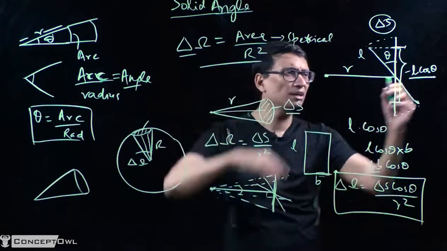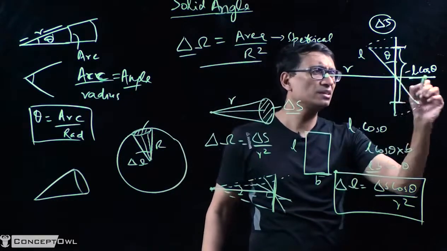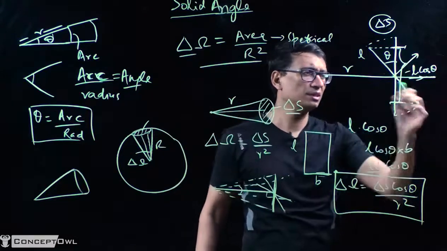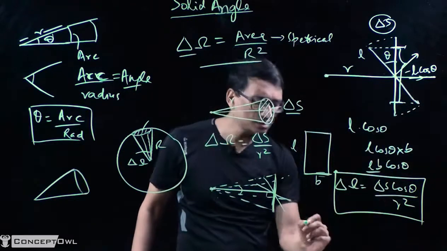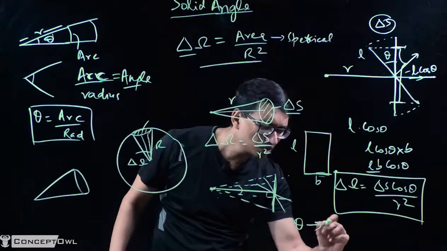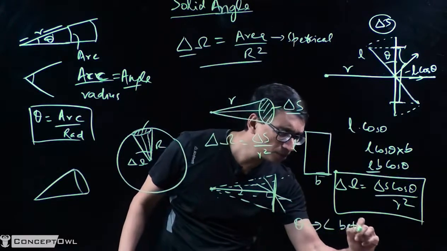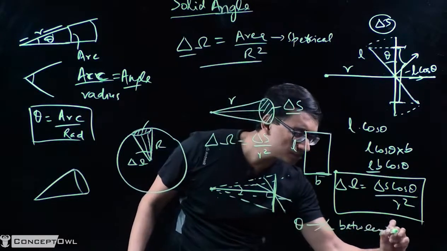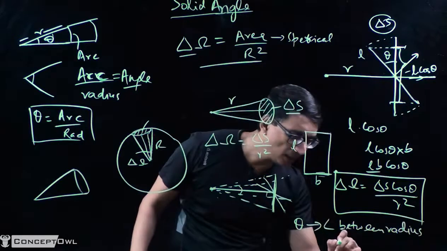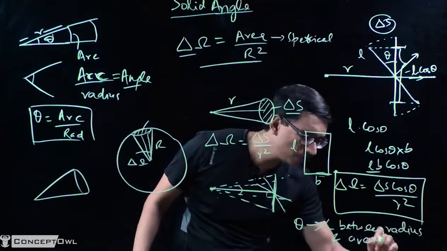Or you can think of it another way: theta is the angle between the radius vector and the area vector.